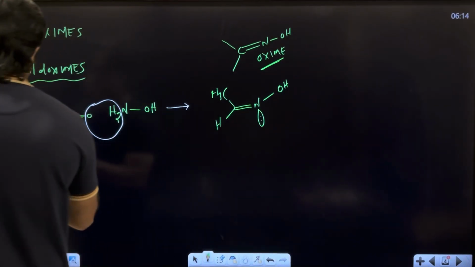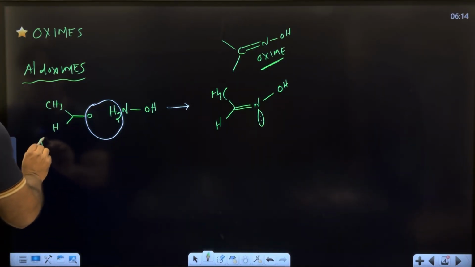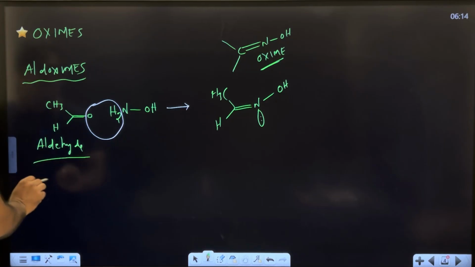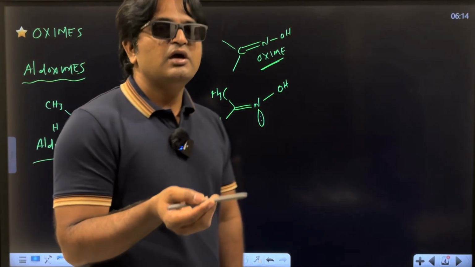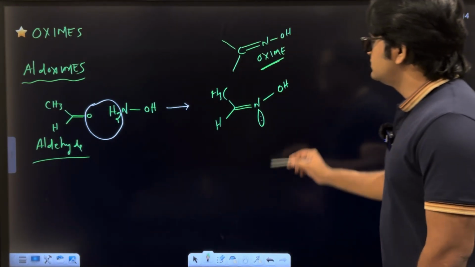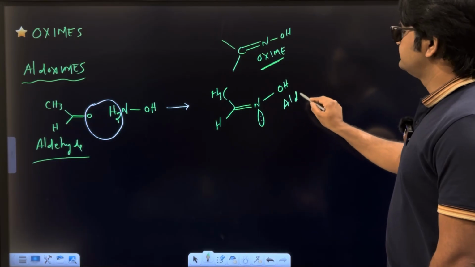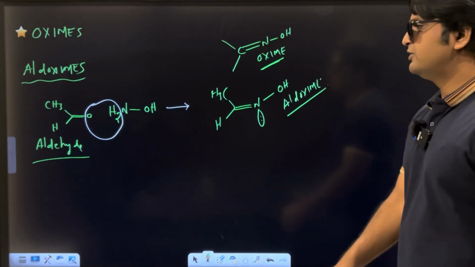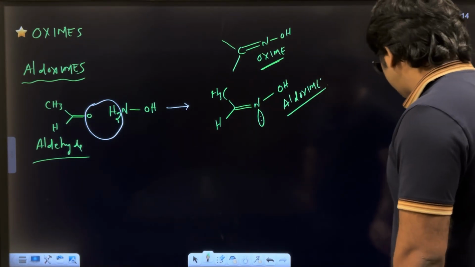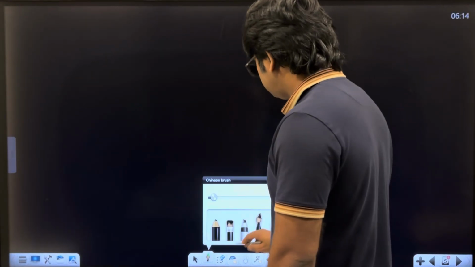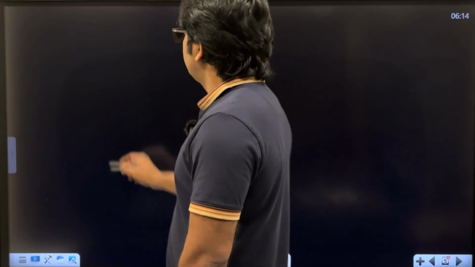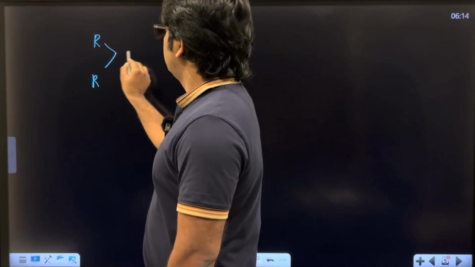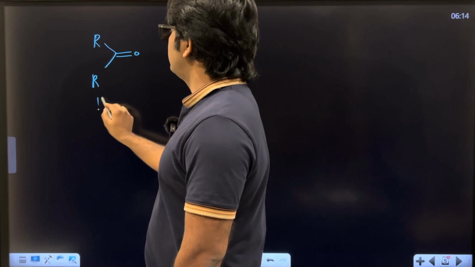What is the name of this functional group? Aldehyde or ketone. Now this is an aldehyde. You are getting the oxime from an aldehyde. That's why this is known as an aldoxime. Okay, right. For example, if you are taking a ketone, for example, this is R and R, double bond O. What is the name of this functional group?